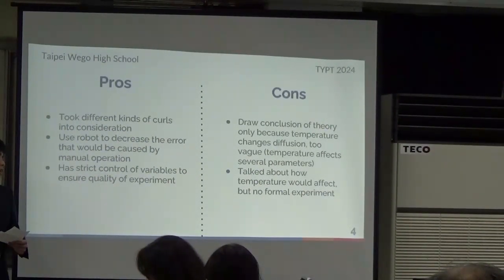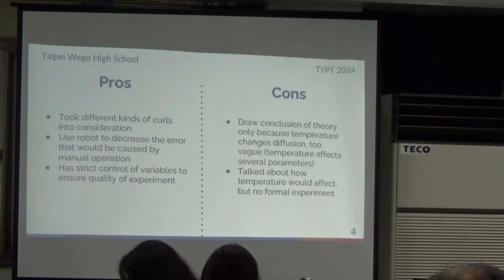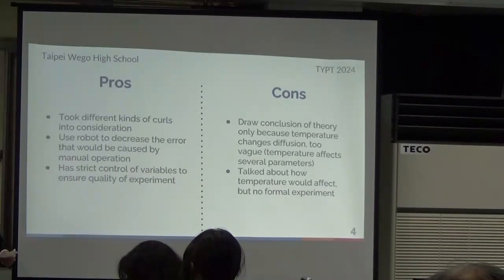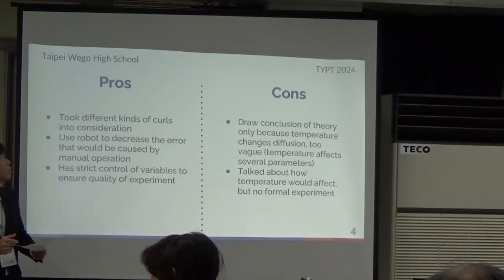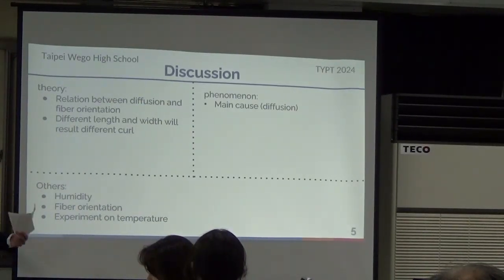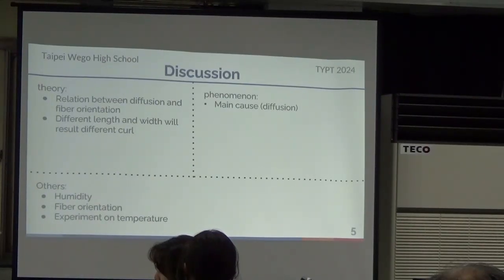And also, they talk about how temperature would affect, but they didn't have formal experiments about it. So later, we're going to discuss, for the theory, the relation between the diffusion and fiber orientation. And then another one for the theory is the different length and width will result in different curl, and we're going to discuss this.